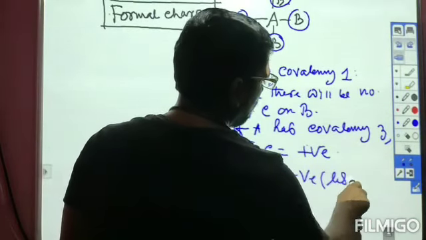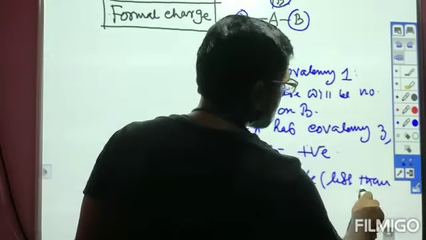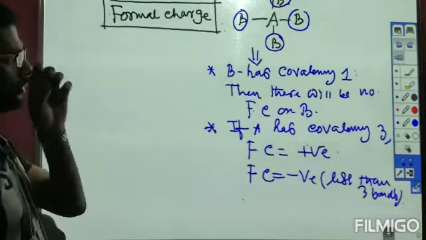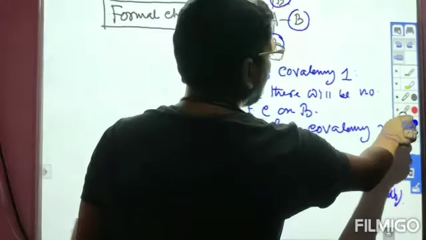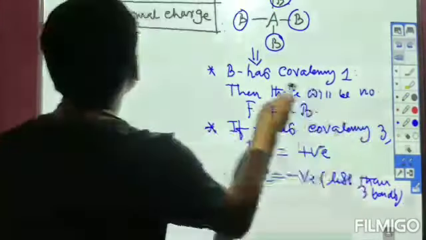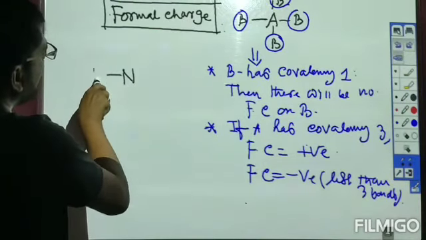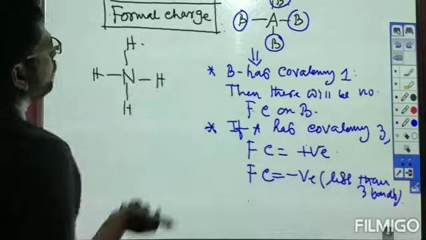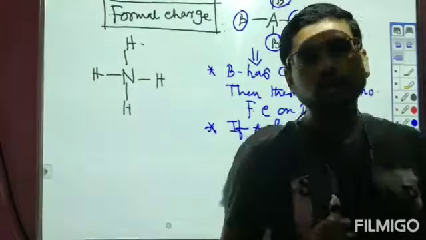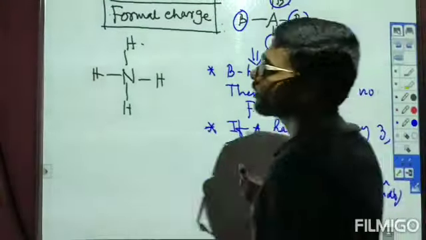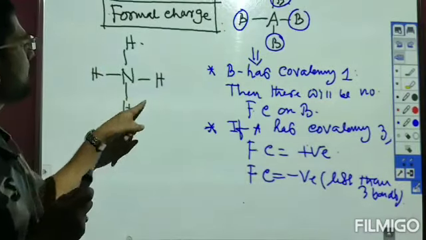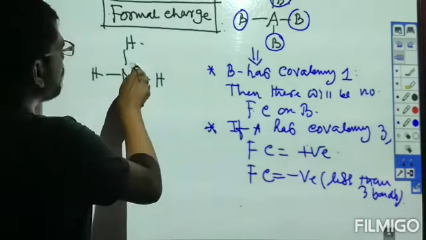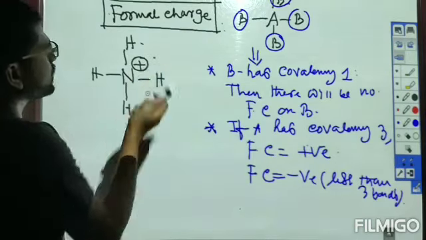Let me take one example. Suppose NH4: nitrogen covalency 3, but nitrogen here forms 4 bonds. So it will have a positive formal charge.